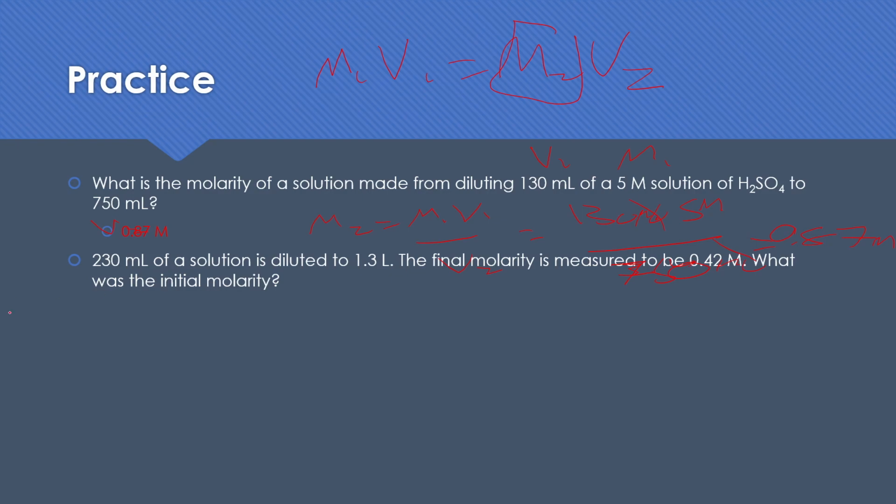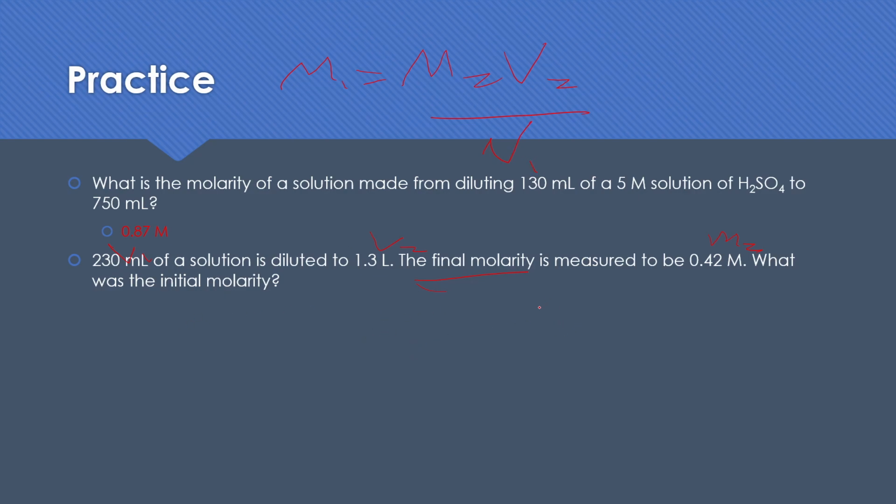230 milliliters of a solution is diluted to 1.3 liters. The final molarity is measured to be 0.42 molar. What was the initial molarity? Okay, so here's my V1, here's my V2, and final molarity is 0.42, so that's my M2. So I'm solving for M1, which is equal to M2V2 over V1.